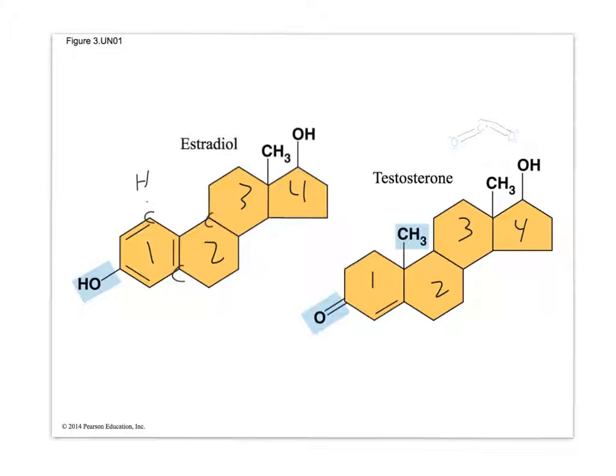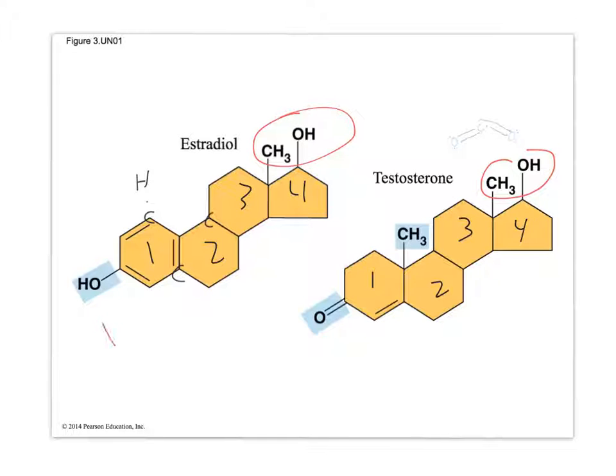Pretty close, right? The basic backbone is there. You have 3 6-member rings and a 5-member ring that's attached. Some of the bonds change a little bit, but the basic structure's there. And even some of these guys over here are the same, right?